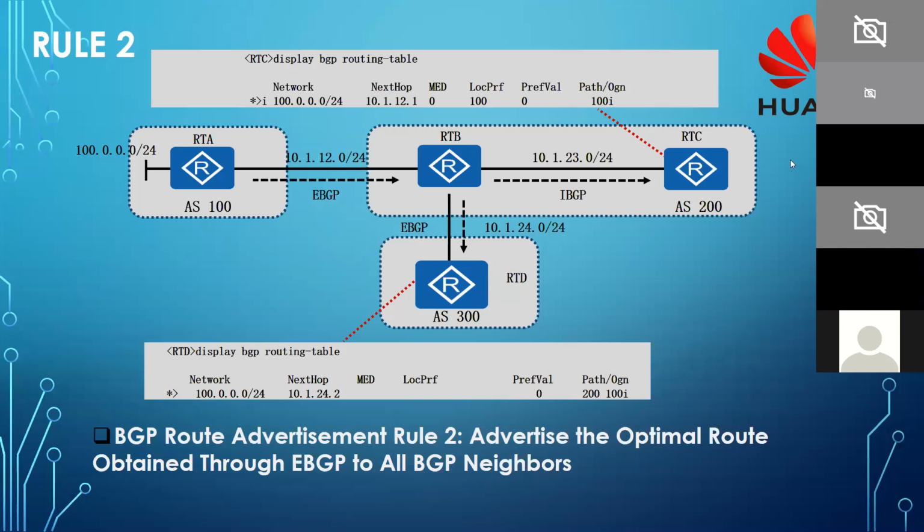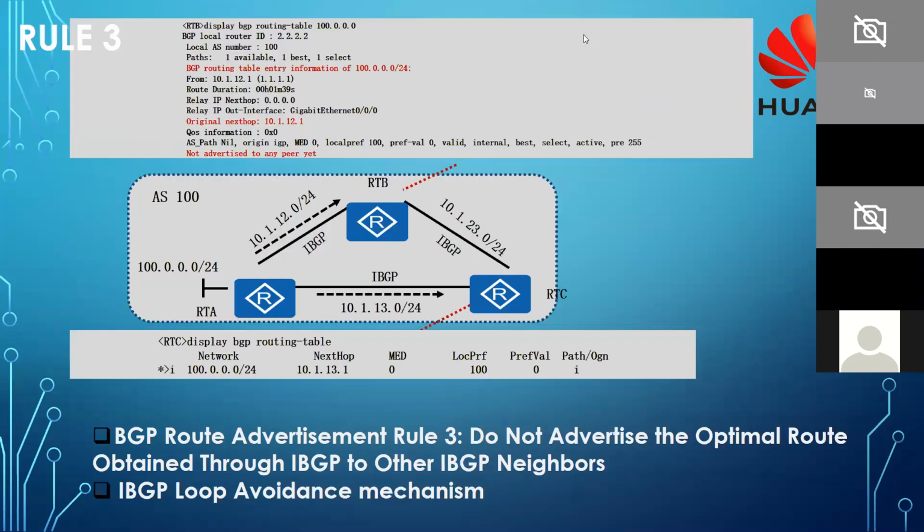So the third rule is that iBGP can send its learned route to eBGP, but iBGP will not send to iBGP.